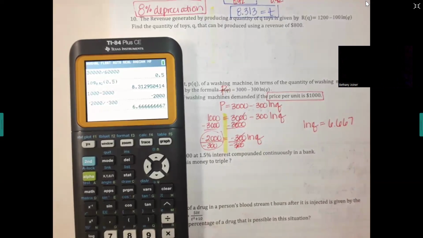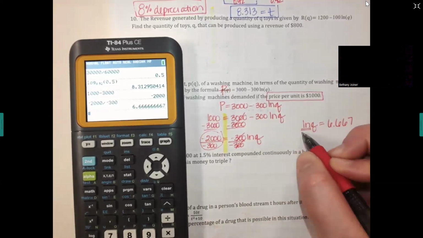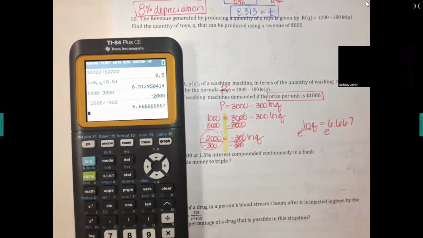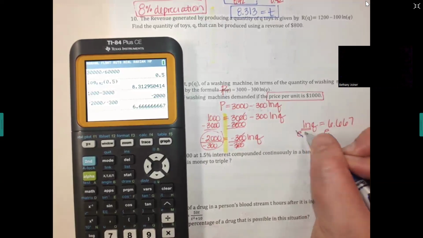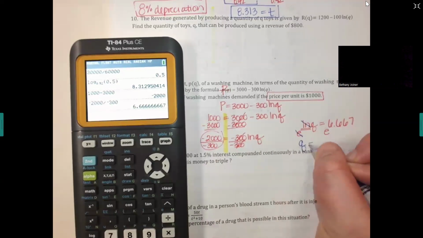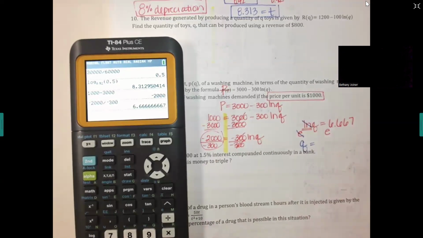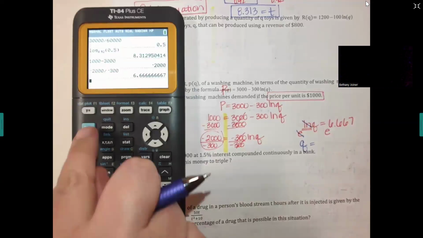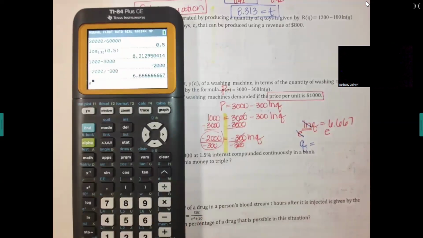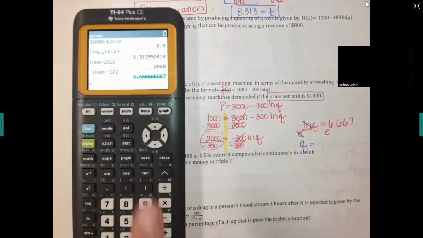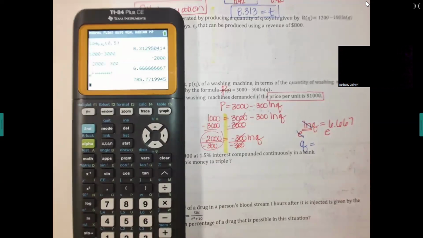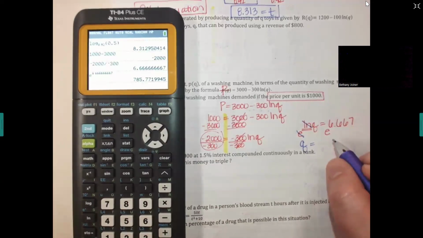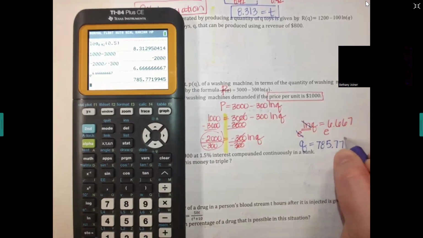Then from there, if I want to get rid of an ln, remember that e is the base that will get rid of an ln. So my e and my ln are going to cross out. I have Q equals, and then remember, to access e in the calculator, it's second ln. And then I'm just going to pop this number into that spot, and it comes out to 785.77.